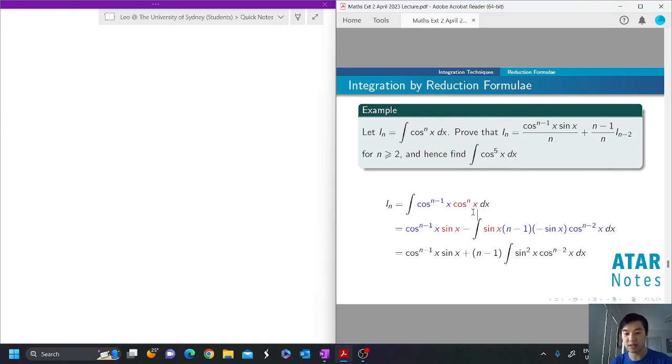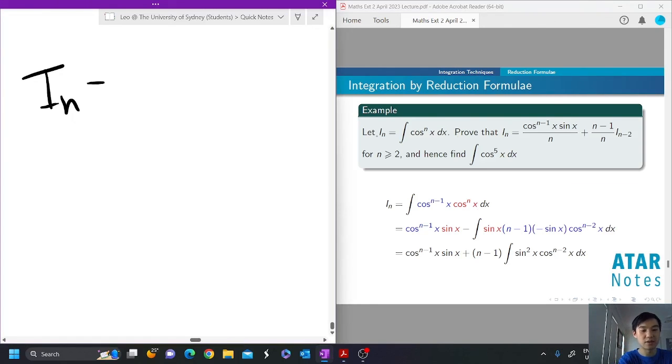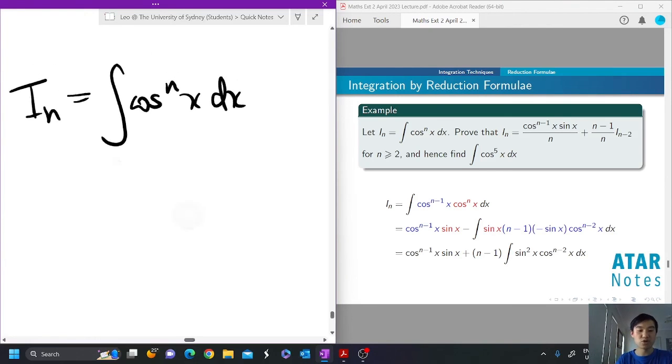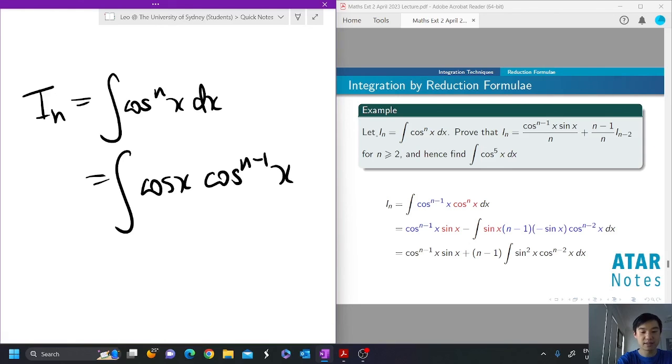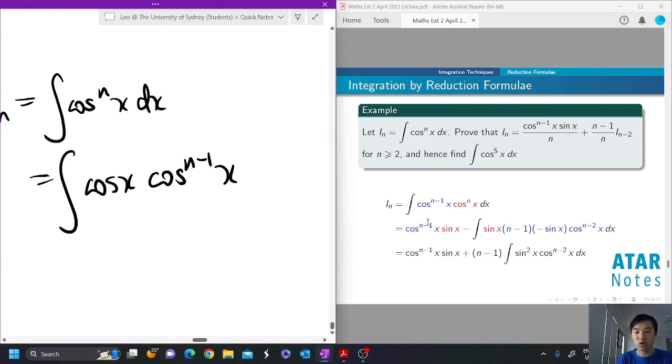The way we do it is we split cos^n x. So I_n is the integral of cos^n x dx. We can split it as cos x times cos^(n-1) x. So ignore that, there's a typo there.